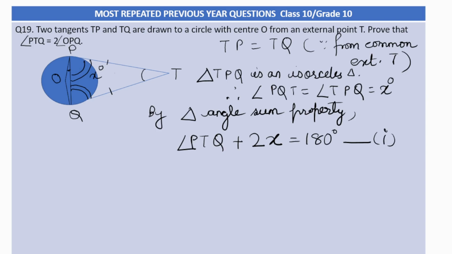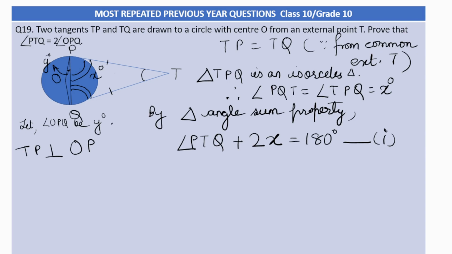Now let's come back to the tangent. This tangent TP is perpendicular to this radius of the circle OP. This we know, tangents are always at 90 degrees, or right angles, with the radius, because they meet at the same point P. So let this small angle OPQ be y degrees. I'll write a statement here: let angle OPQ be y degrees.